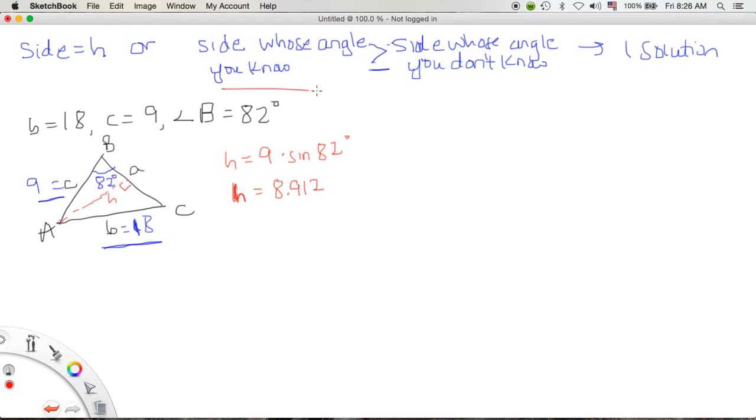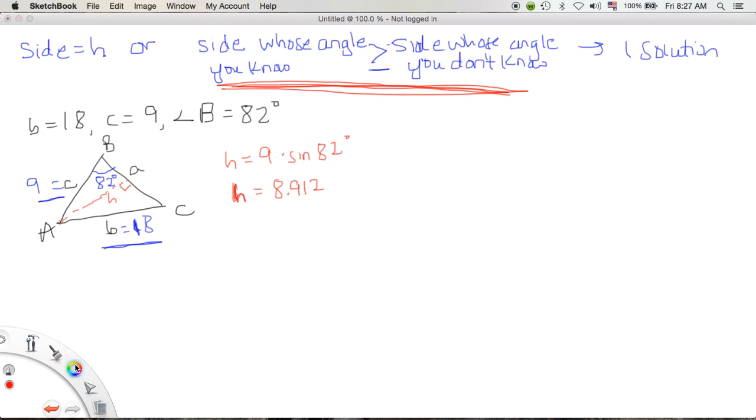Possibly. So then we look at this, so we know if we have to narrow it down. Remember, on our last example, the side whose angle we knew was 13, and the side whose angle we didn't know was 14. So this didn't work. So that's how we ended up with two solutions. But this one, it does work, so we're going to only have one solution. Basically what that tells you is that obtuse option isn't possible.